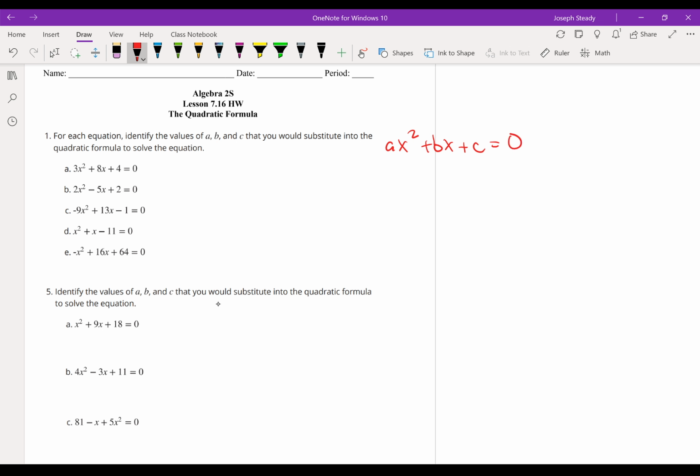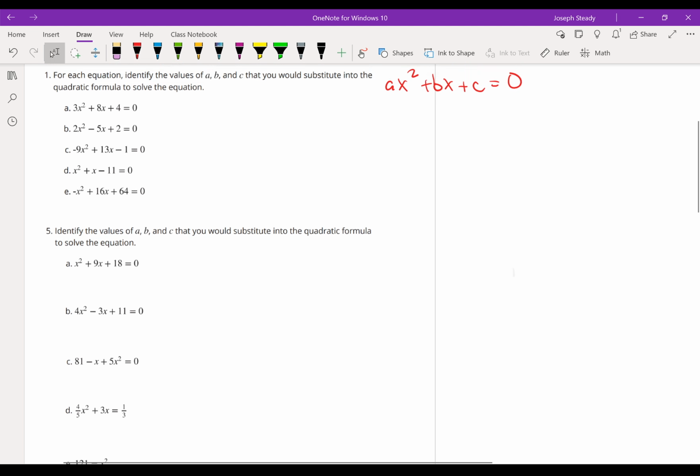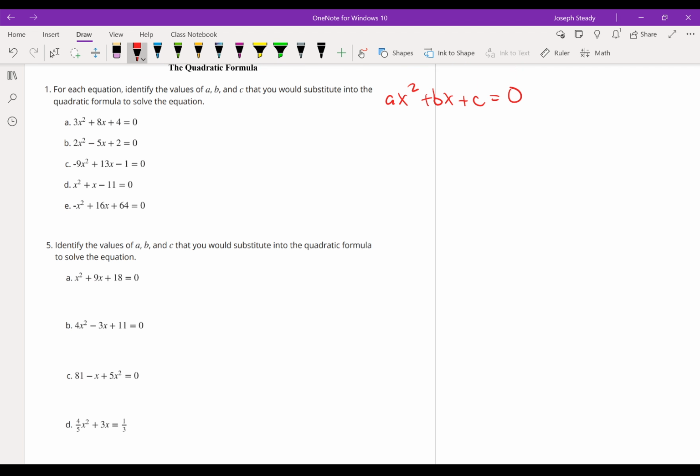Well, it turns out that not all quadratics start that way. If you look, for example, at something like c, that is not in order, so you have to be careful when you do that. You have to find the a value, which is always the number in front of the x squared. So that's 5 in this case. You have to think about it that way.